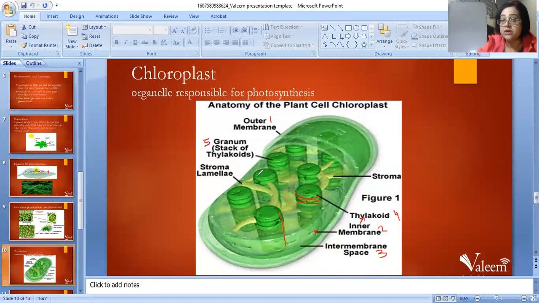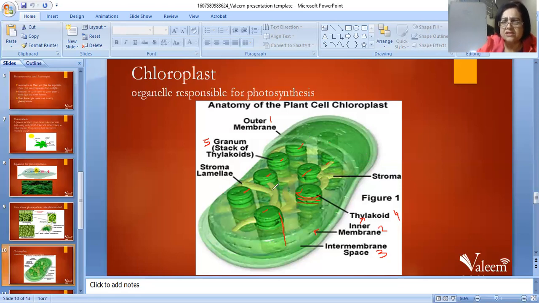Granum is singular. You can see how many such stacks are present over here. This is 1, 2, 3, 4, 5, 6, 7, 8, 9, and 10. So the plural of granum is grana. I will say there are 10 grana present in this chloroplast, and each and every granum is made up of several thylakoids.